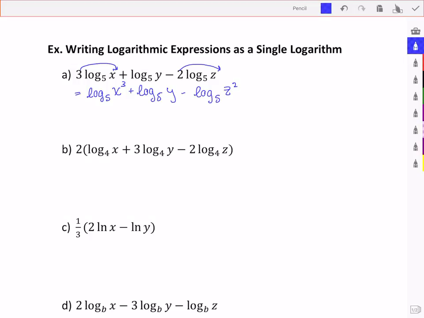They all have the same base, so the 2 positive ones are going to be together as a product. So log base 5 of x cubed y, and then the minus z squared is going to move to the denominator. So there we have it. Log base 5 of x cubed y over z squared.